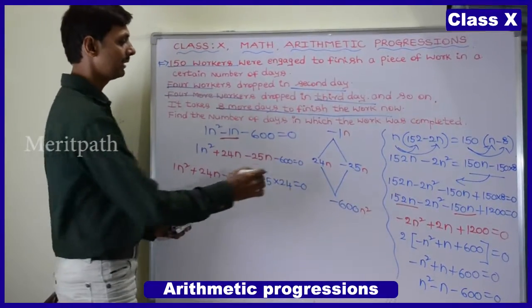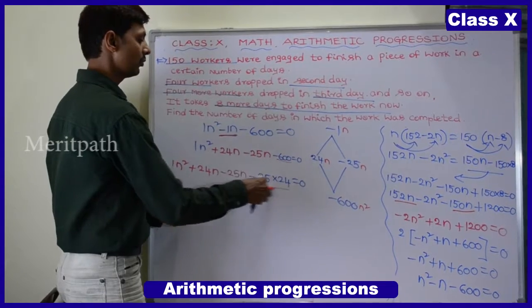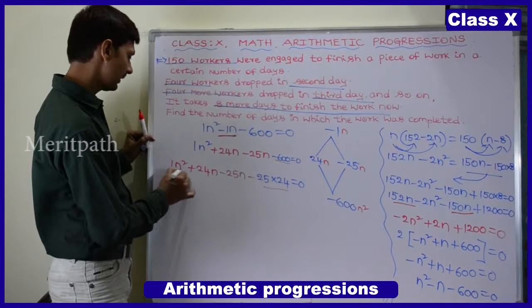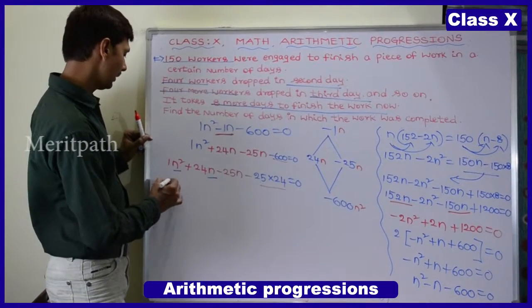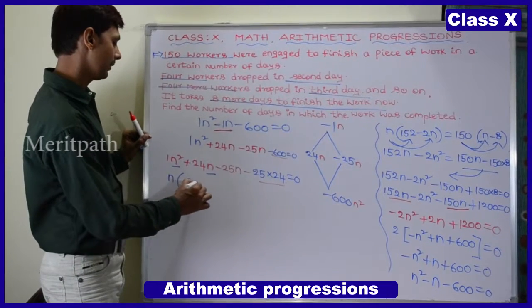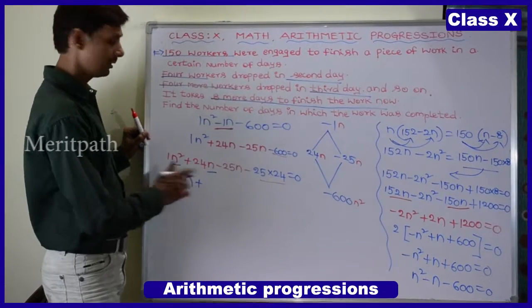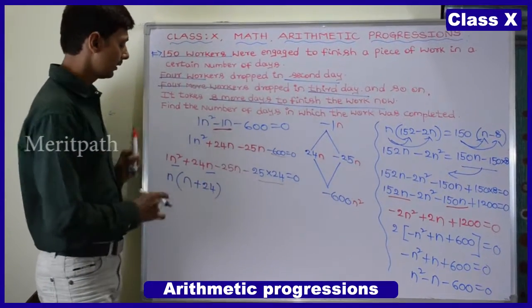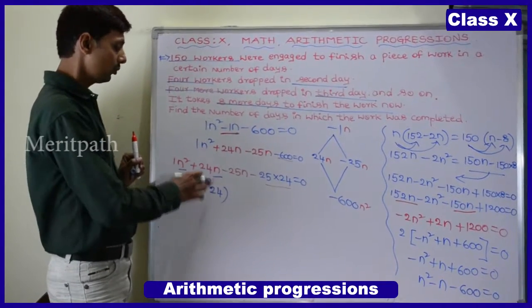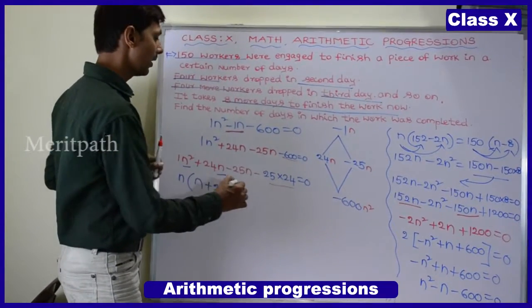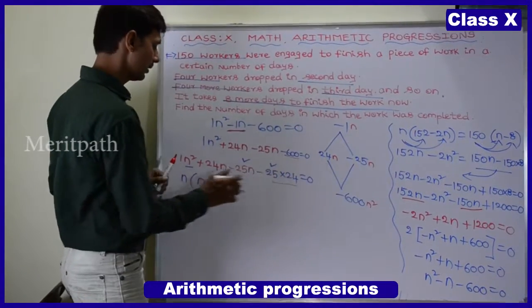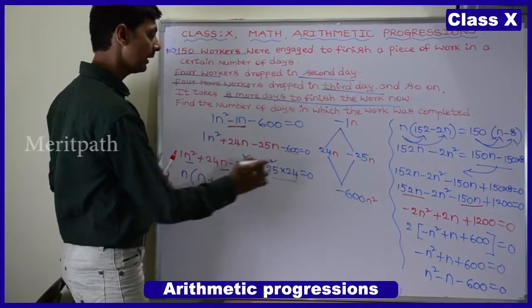This 600 can be written as 25 into 24. We can see here there is a common of n in these both. So let us take common for n. And then after taking n common in this, we will be getting n plus 24. In the other two terms, we can observe there is a 25 in common.